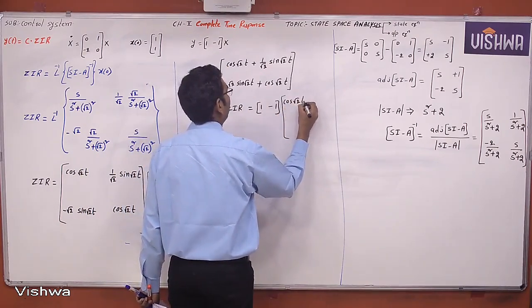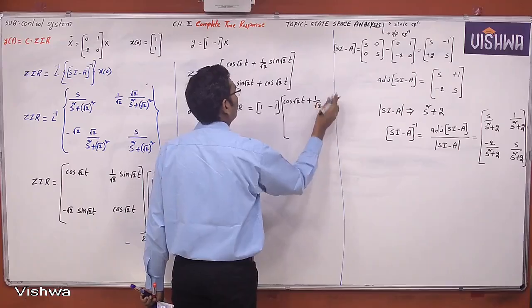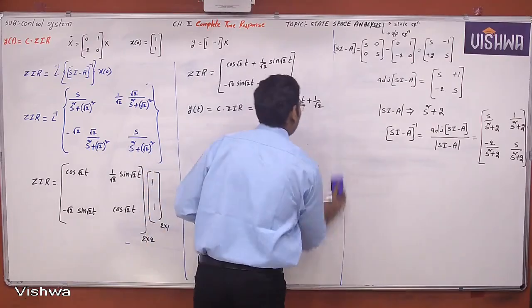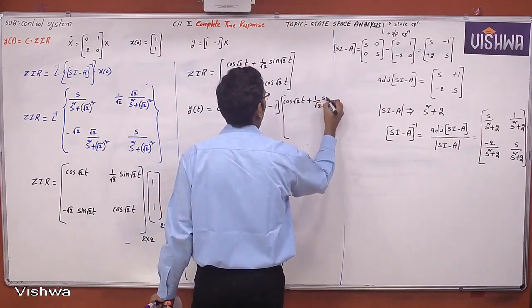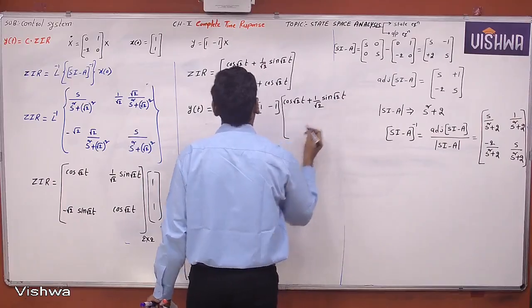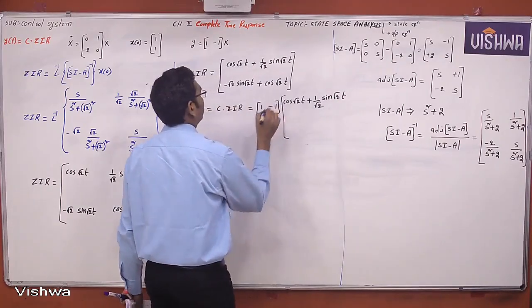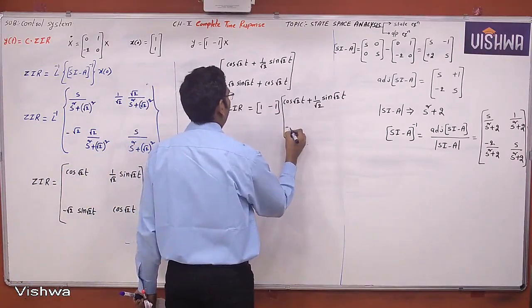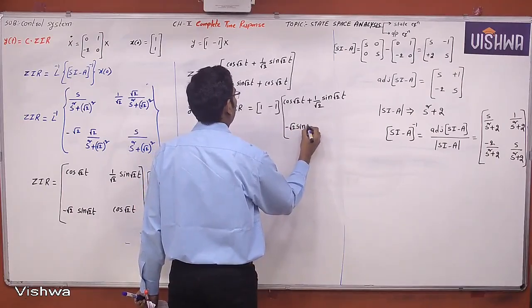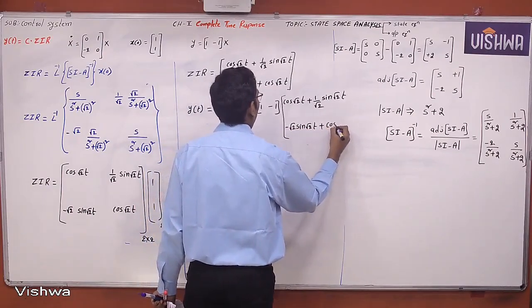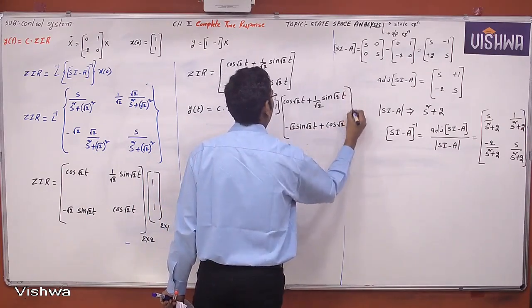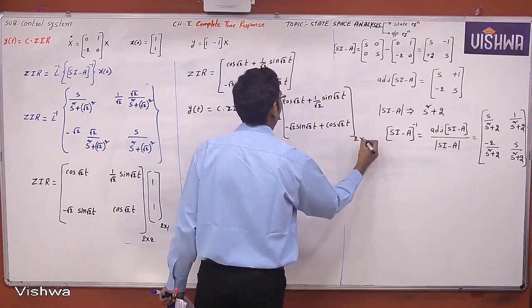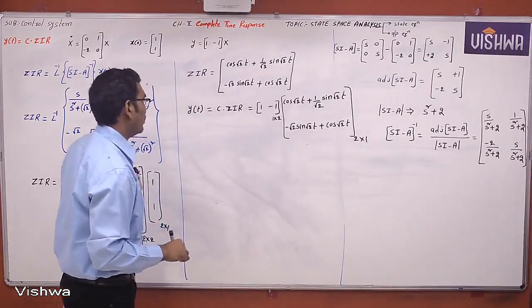Cos root 2t plus 1 by root 2 into sin root 2t, and minus root 2 sin root 2t plus cos root 2t. Now this is 1 by 2, this is 2 by 1. So now the answer is only 1 by 1.